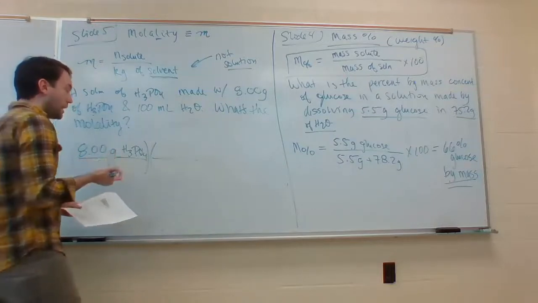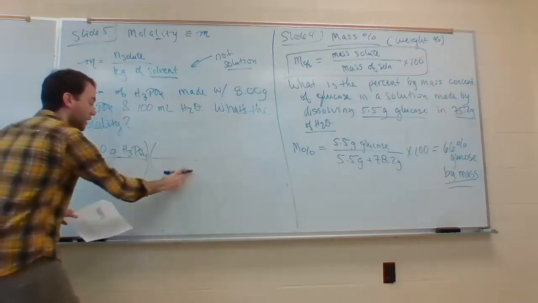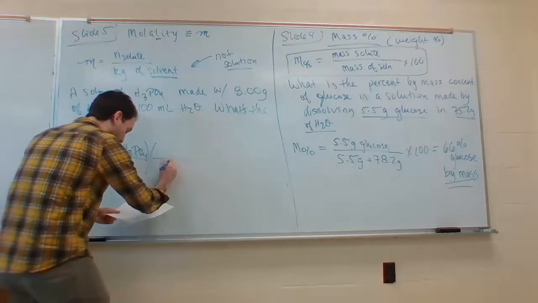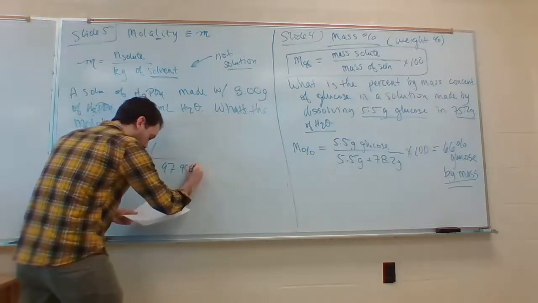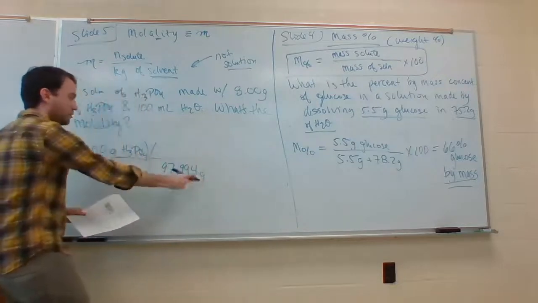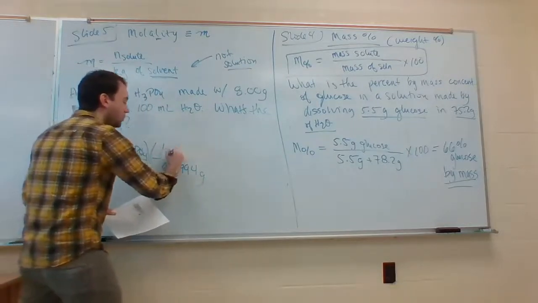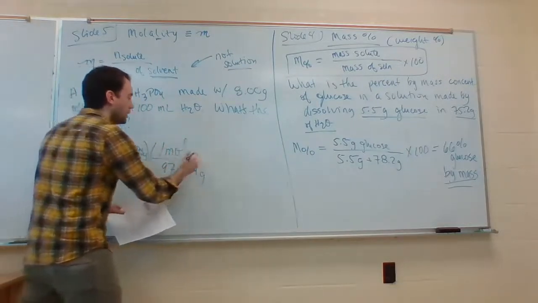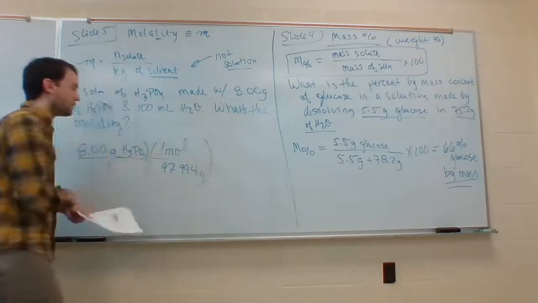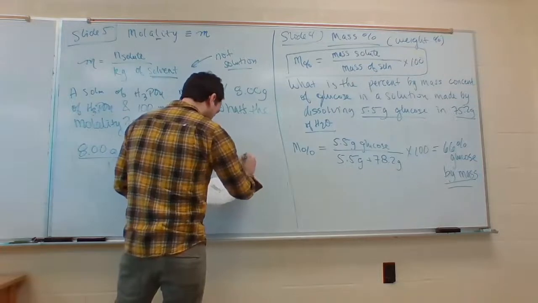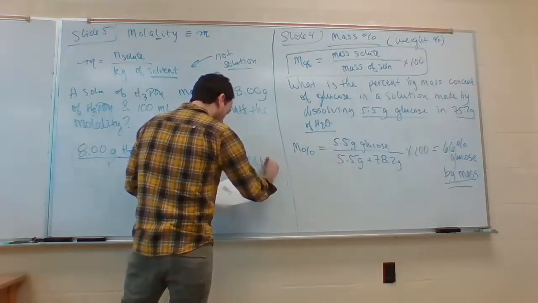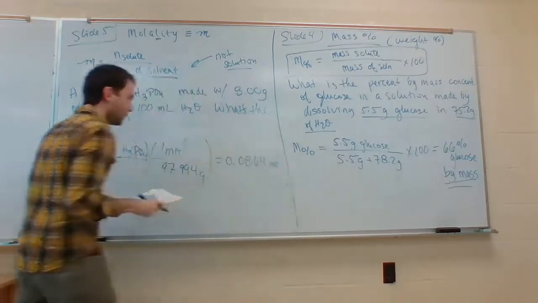Since we want the grams to cancel, the 97.994 grams goes on the bottom, and the 1 mole of phosphoric acid goes on top, which is going to give us 0.08164 moles of phosphoric acid.